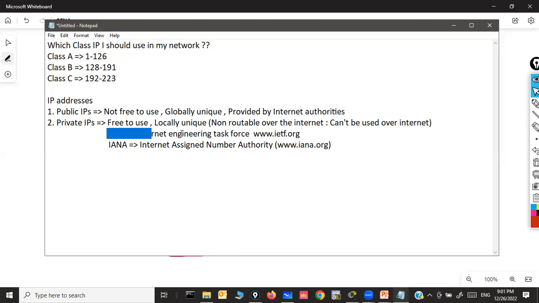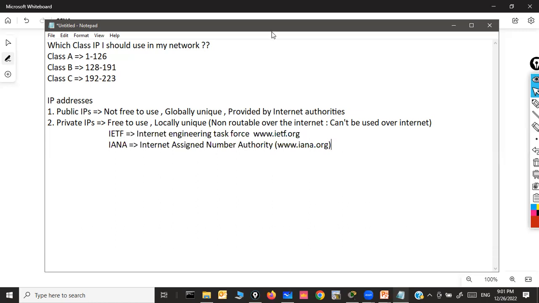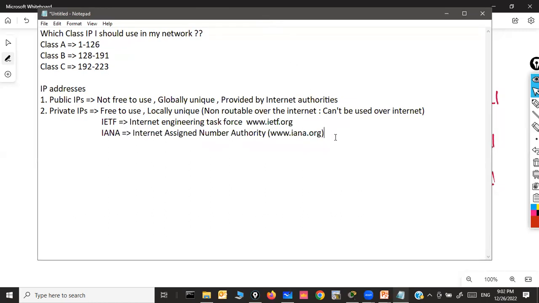These two have done a very good job, right? And what job is it? In class A, class B, and class C, some addresses are not assigned over the internet. They are absolutely reserved. In class A, any IP starting with 10 is what?